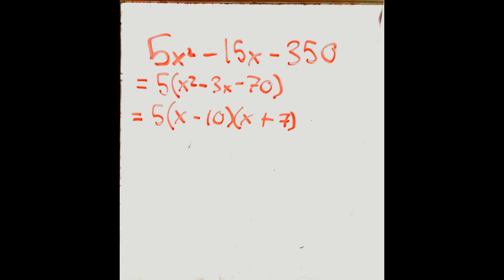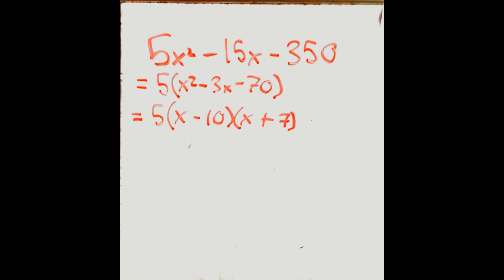The pairs of factors you have are 10 and 7, 35 and 2, and 70 and 1, and that's it.